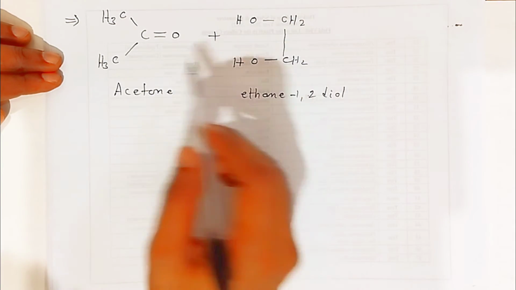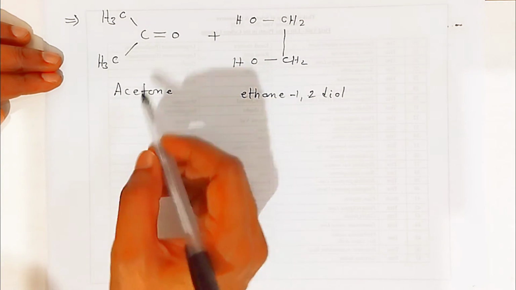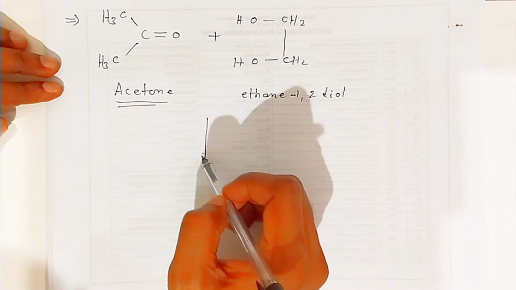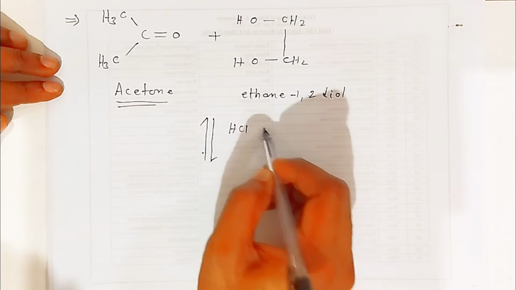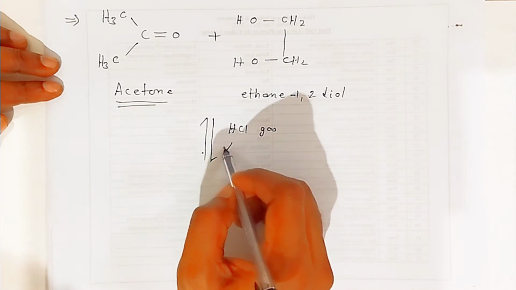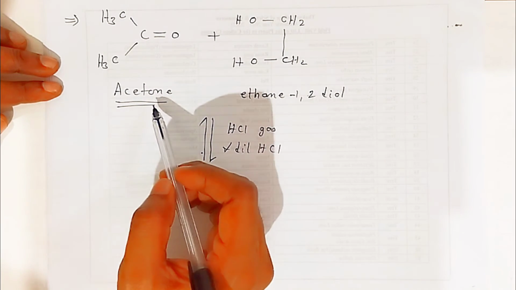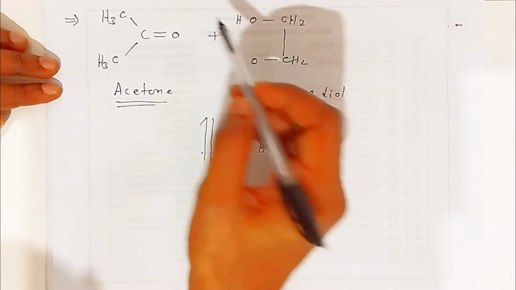So this alcohol is going to be added to this acetone. Now what happens, in presence of HCl gas and dilute HCl, this ethane 1,2-diol will add to acetone by elimination of water molecules.